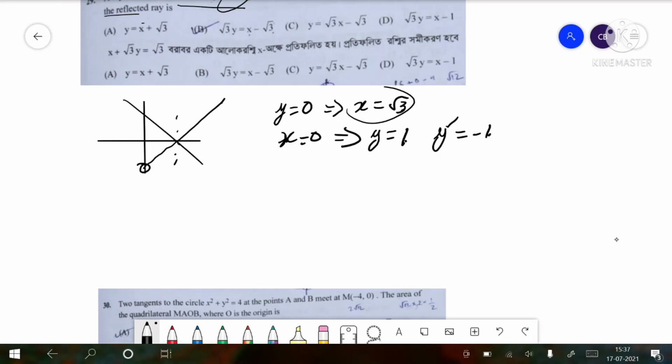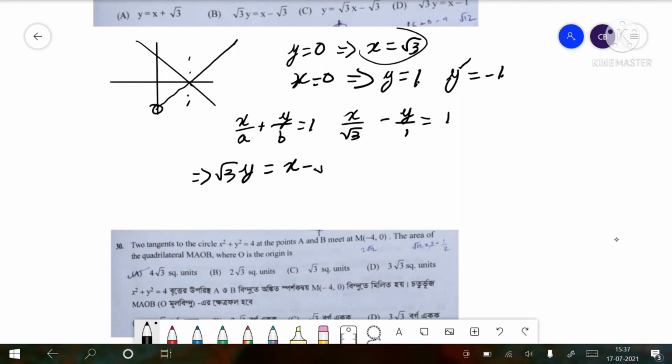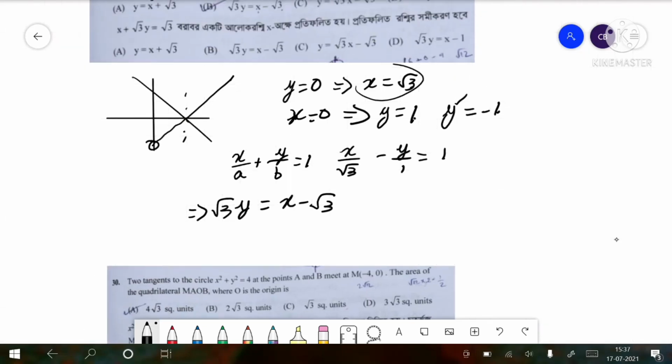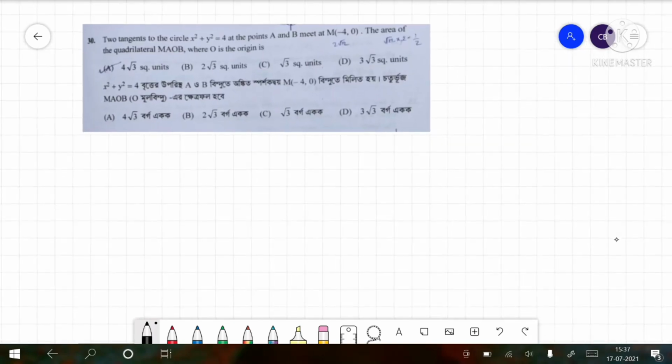So y dash is equal to minus 1. From the intercept form, x by a plus y by b is equal to 1, where a is root 3. So x by root 3 minus y by 1 is equal to 1. Therefore root 3y is equal to x minus root 3. So that is option B. Now going on to the next question.